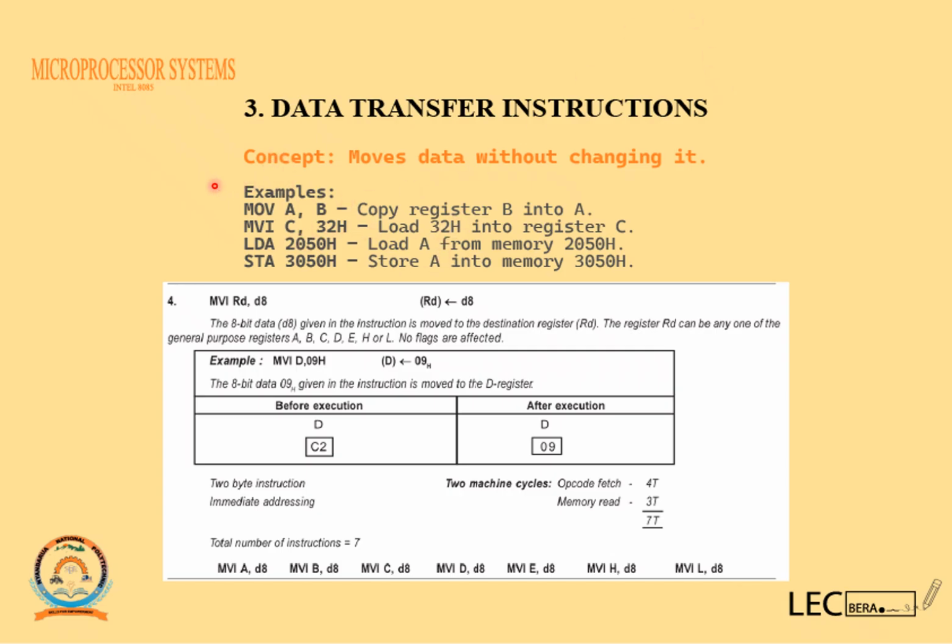We have different examples here. We have an instruction where we are moving data from register B to register A. This one is MOV A, B. So you copy register B into A, not copying the register, but the content of the register. And then we have MVI C. When you see MVI, any instruction which ends with I, remember that you are working on data that is not found in any location.